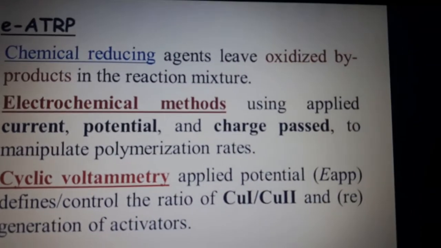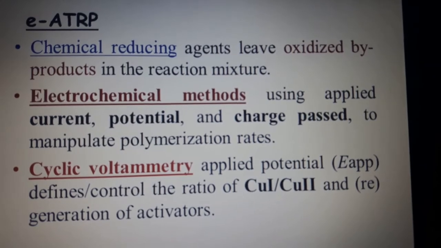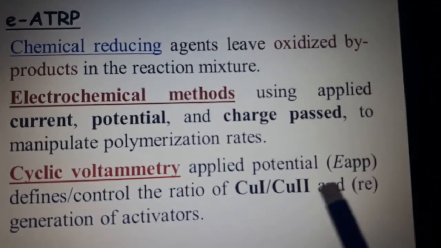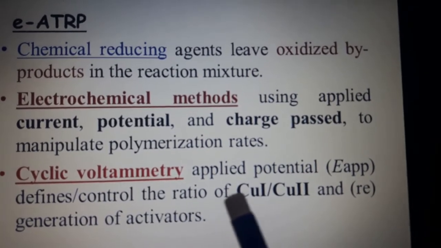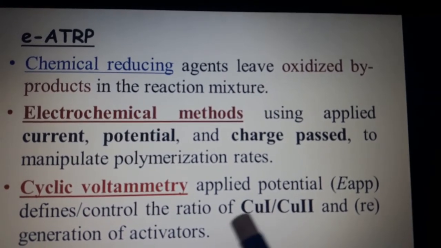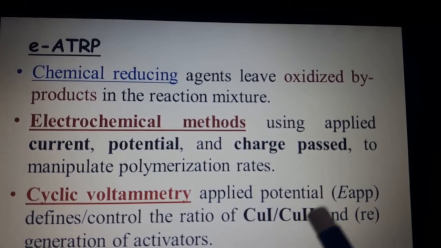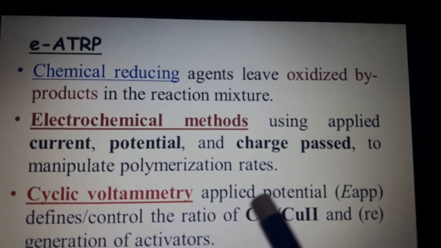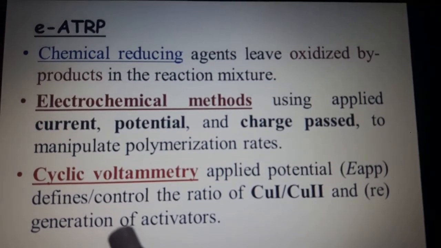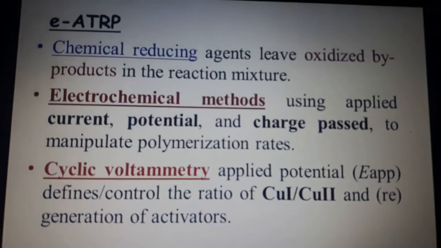For this purpose, cyclic voltammetry is a very popular technique, in which the applied electrode potential defines or controls the ratio of copper in the reduced, activated state and in the oxidized, inactive or higher oxidation state. So this ratio is controlled by varying the applied potential. In this way we can produce activator and initiate the polymerization.